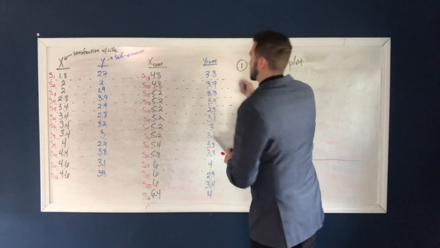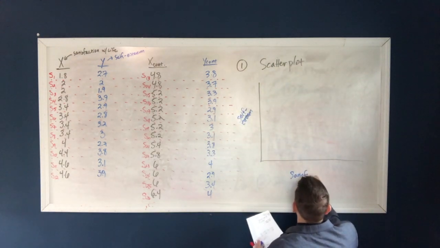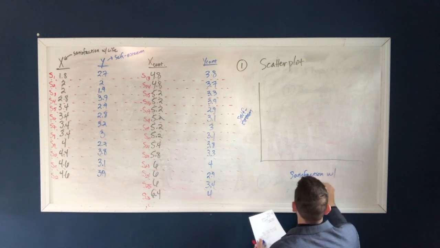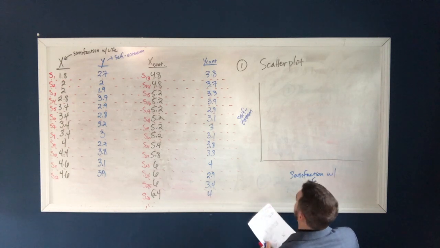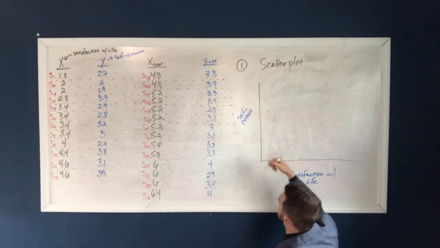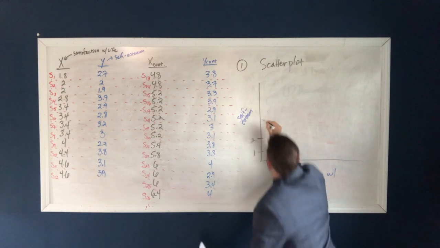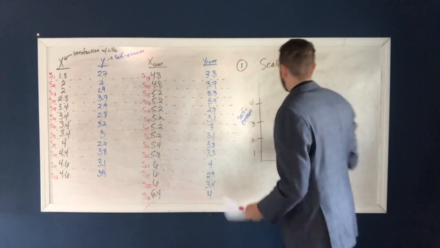So the y-axis is self-esteem, the x-axis is satisfaction with life. Okay. So the highest possible self-esteem score is a 4. So we'll count it out. 1, 2, 3, 4, something like that. Okay.